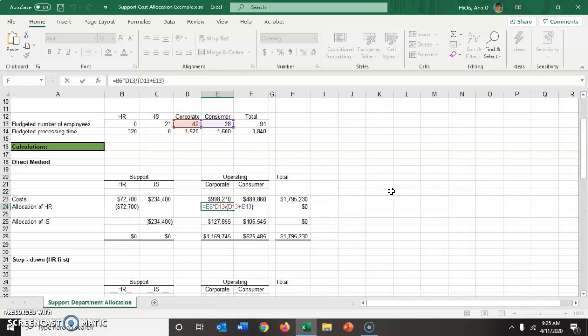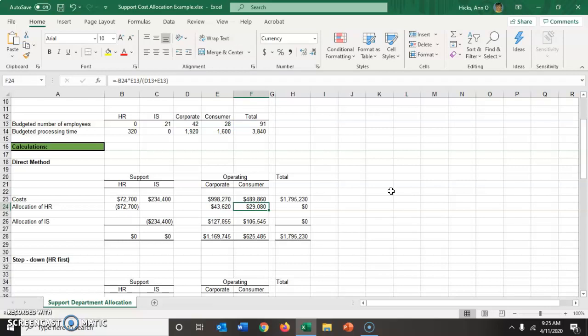Notice in this case, I'm ignoring the 21 employees in information systems because we're not going to allocate anything to information systems. Then for consumer, I've done the same thing, taken the $72,700, multiplied it by the 28 consumer employees divided by the total. And I have a check figure over here that is the sum of the row so that I can verify and confirm that I did indeed allocate the whole thing.